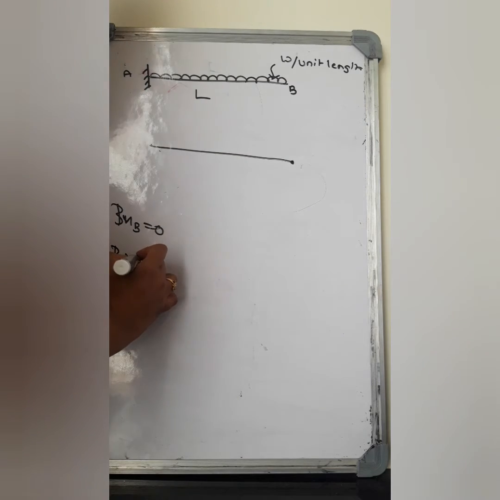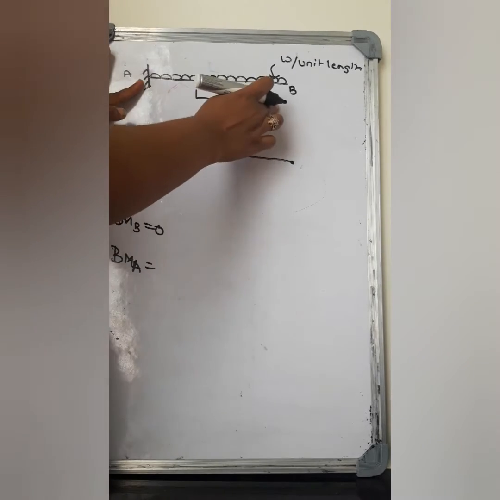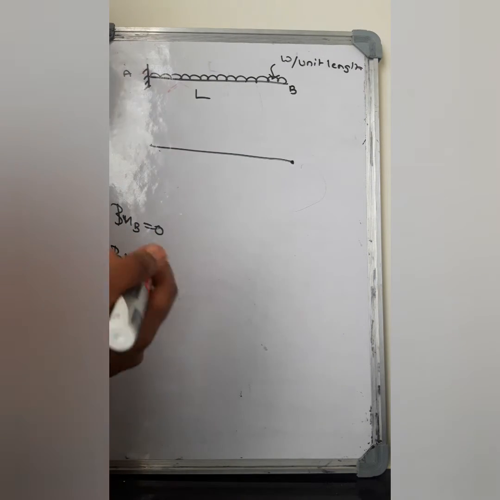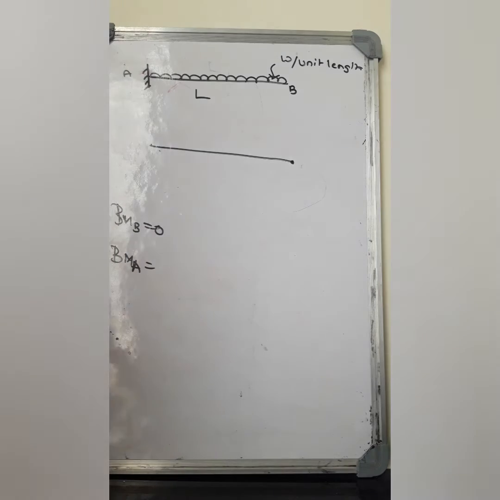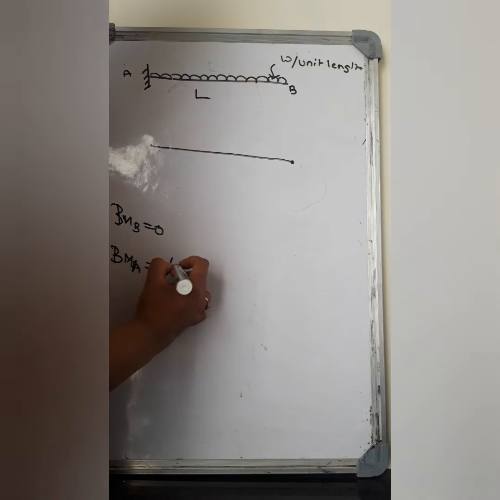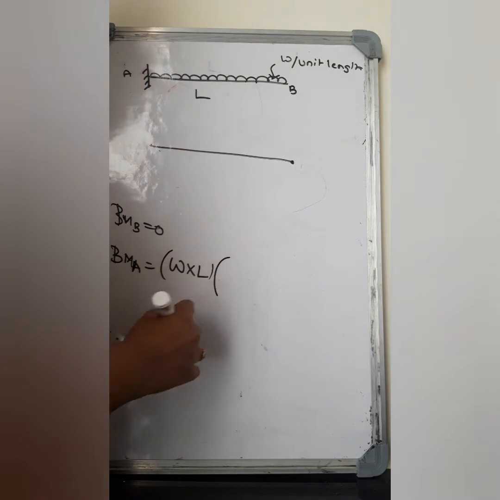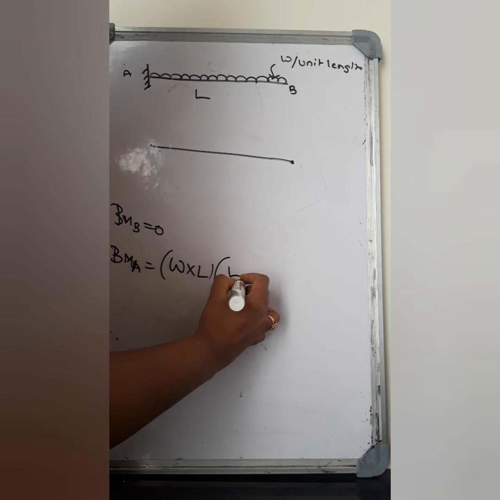Bending moment at A, if you are taking the right portion, you have this UDL. Convert that UDL into a point load, which acts at a distance of L by 2. So that is W into L, acting at a distance of L by 2.